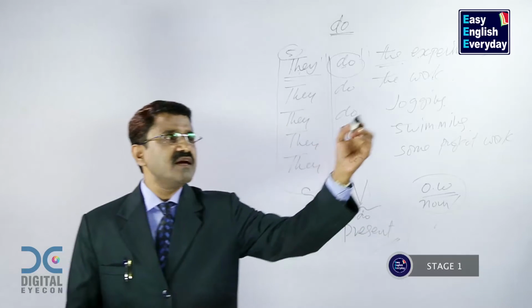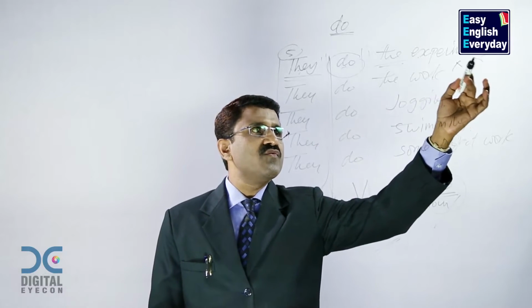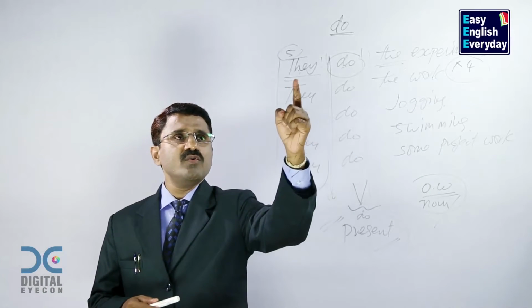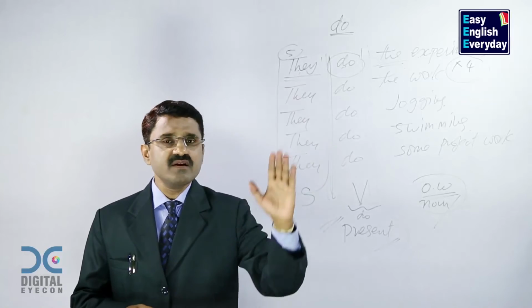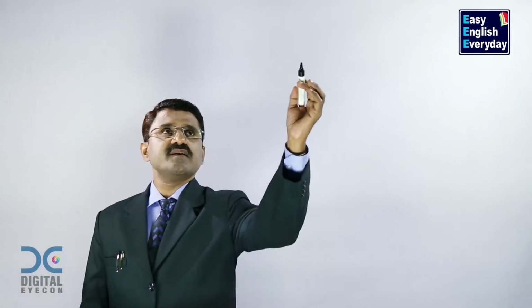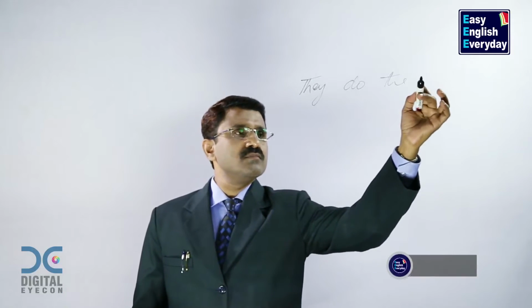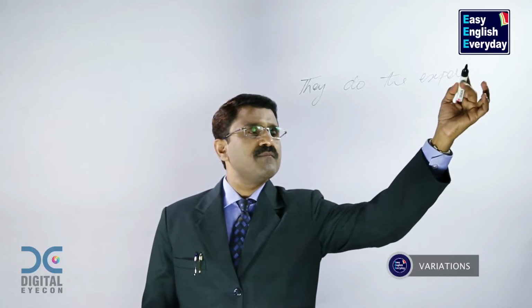After that, try to learn how to make 4 forms with each example. I'll tell you how each example can be used in 4 ways. Look at these examples. They do the experiments.